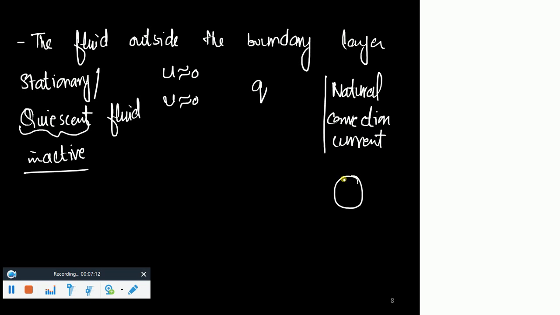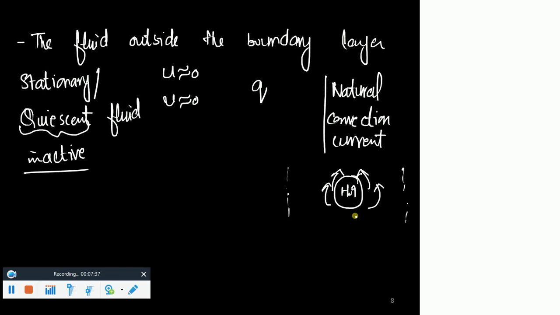If this is a hot object, you would see that the air in the vicinity of this object would try to go up. If you look at something far away, would there be any activity in the flow? Not at all, because the heat is not being transferred to that fluid.